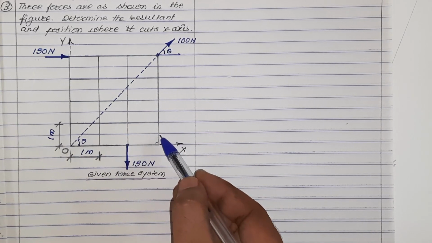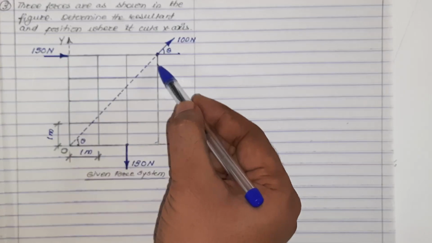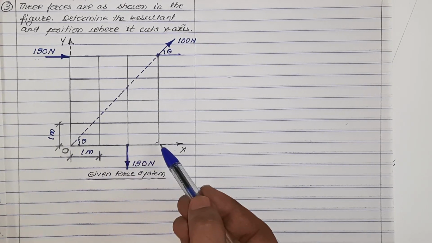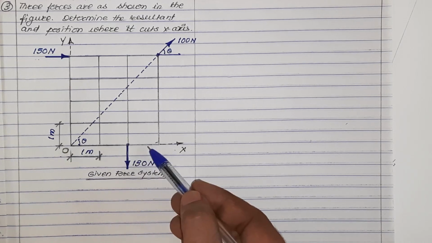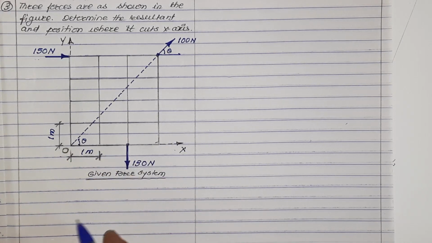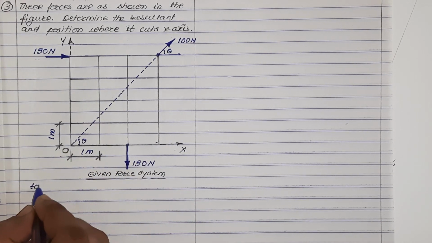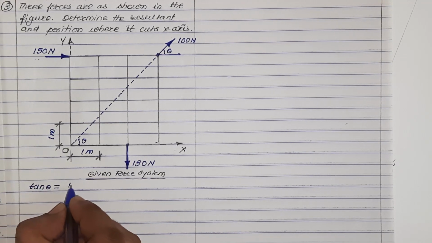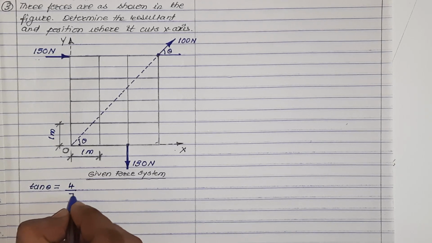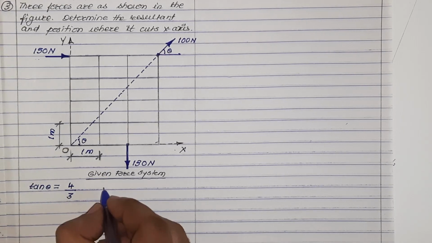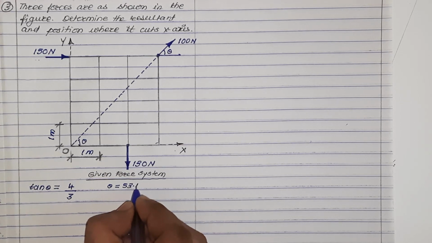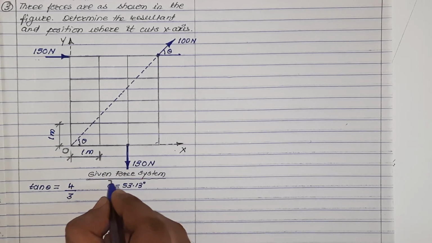Opposite side is 1, 2, 3, 4, 4 meter in height. And the base of the right angle triangle is 1, 2, 3, 3 meter. Therefore, tan theta is equal to 4 divided by 3. Hence, theta is equal to 53.13 degree.